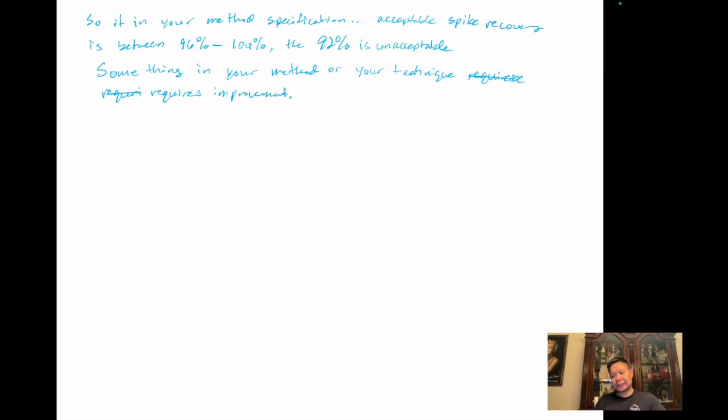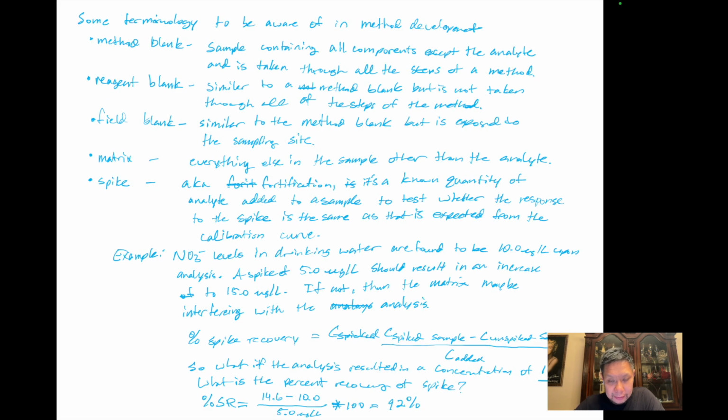Right? So just to review this very important topic, say again, we are doing a nitrate analysis of drinking water, and the analysis said that you had 10.0 micrograms per liter in the sample.